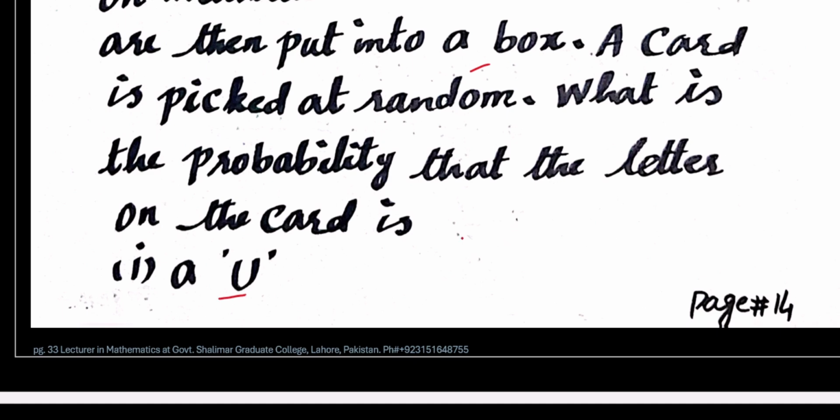We have made different cards for each letter. Like for mutually, this is one card of M, for U there is a second card, then there is a third card of T. So this is the sequence.